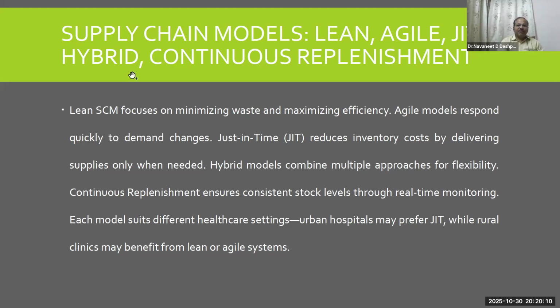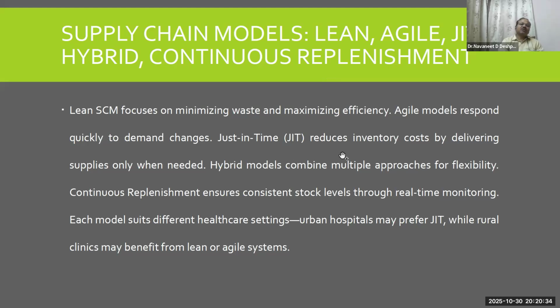Next is the hybrid model. A little bit of incremental improvement in terms of continuous replenishment as and when there is a problem. Lean SCM focuses on minimizing waste, of course, and maximizing efficiency. The agile model responds quickly to adhere to demand changes.